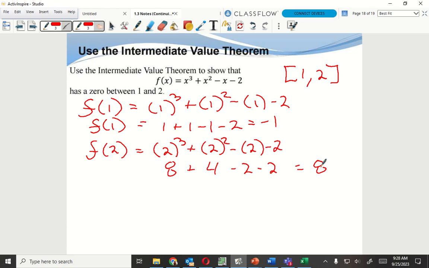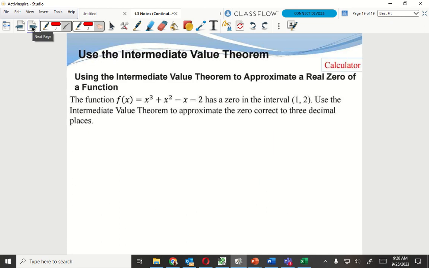Now I will show you by graphing this. So this does work, and I'm going to show you by graphing it.